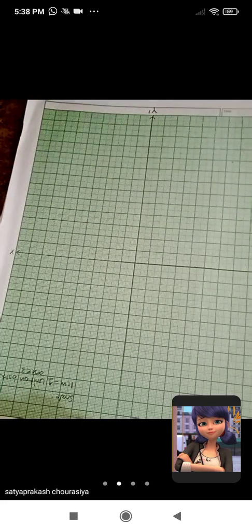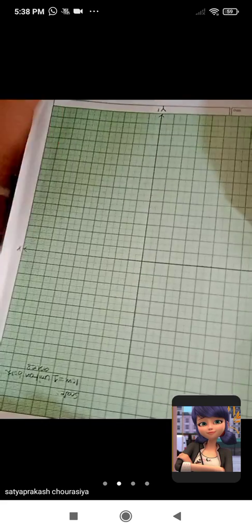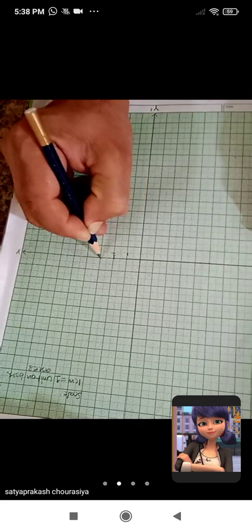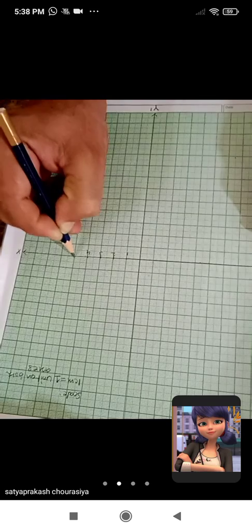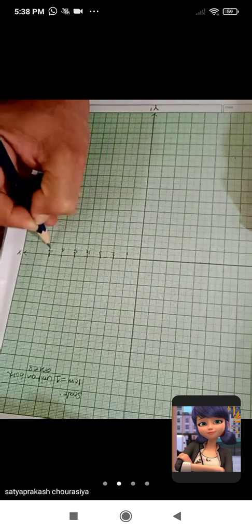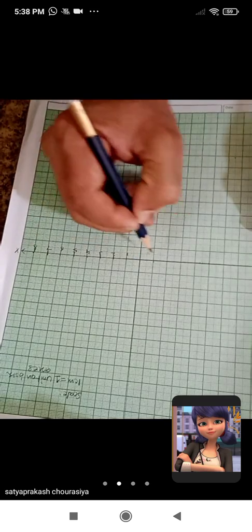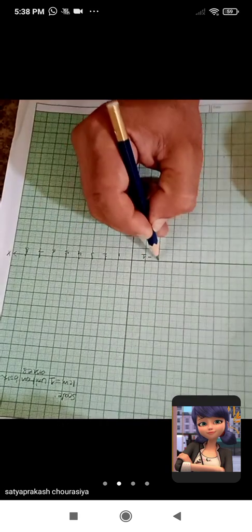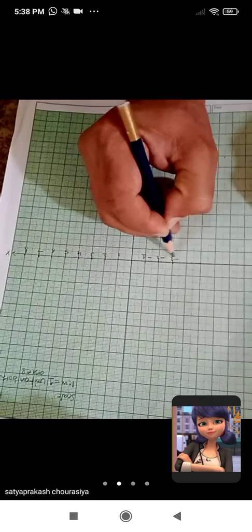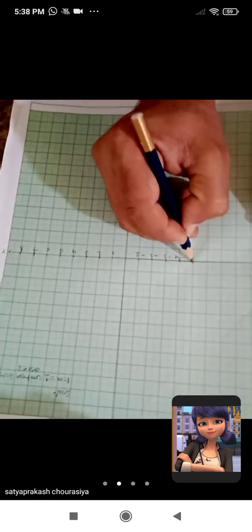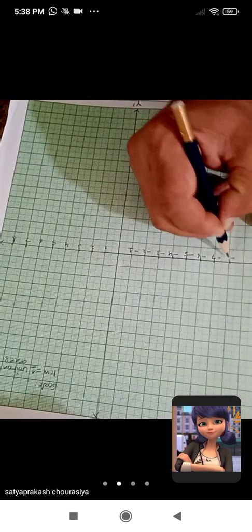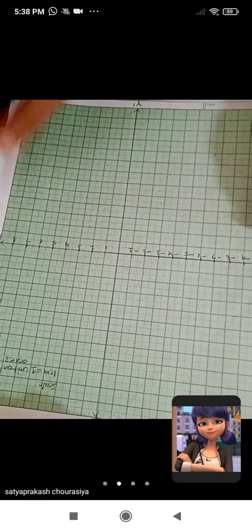Now both values are positive, so this will fall in the first quadrant. Now first write down the points 1, 2, 3, 4, 5, 6, 7, 8. On the left hand side, -1, -2, -3, -4, -5, -6, -7, -8, -9.